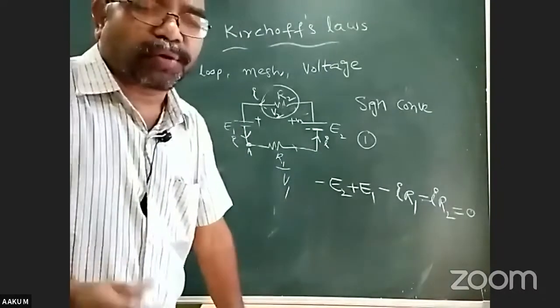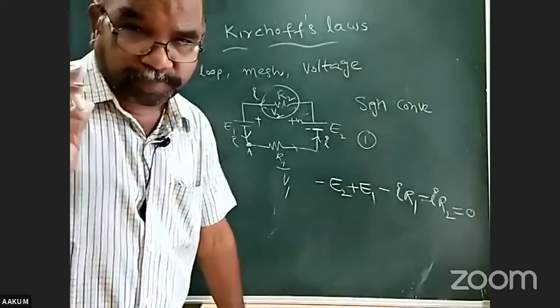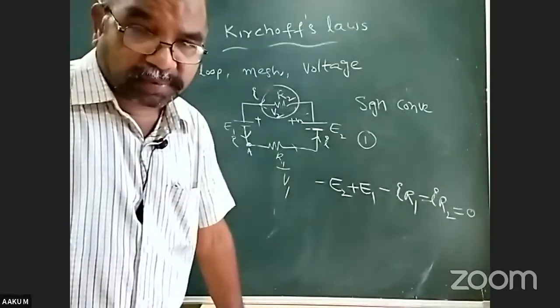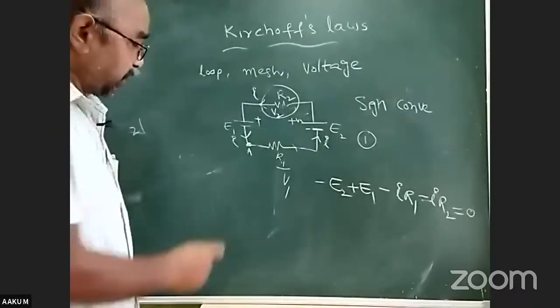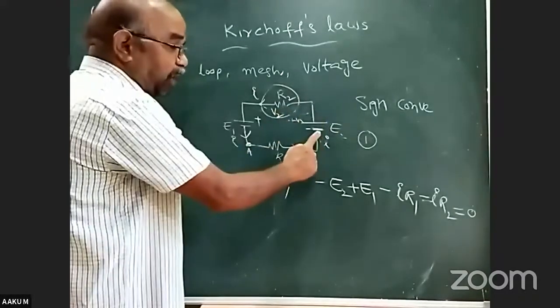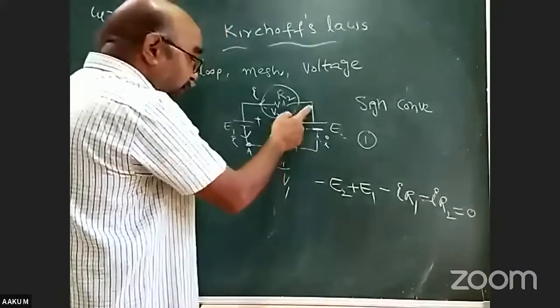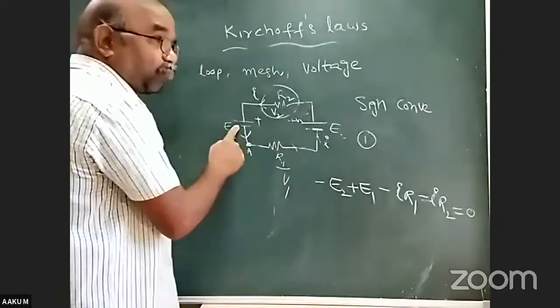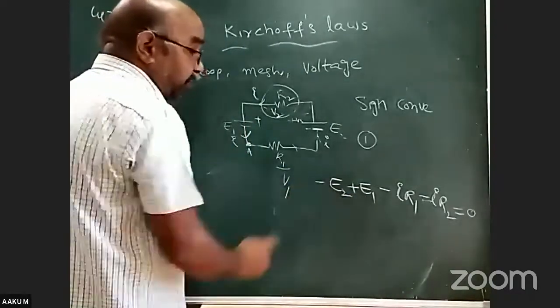While solving the circuit, the terminal through which you enter into the battery, that terminal's sign is taken for the electromotive force. I started here, entering into this cell through the negative terminal, so a negative sign is given to the cell. I enter into this cell through the positive terminal, so a positive sign is given to this cell.